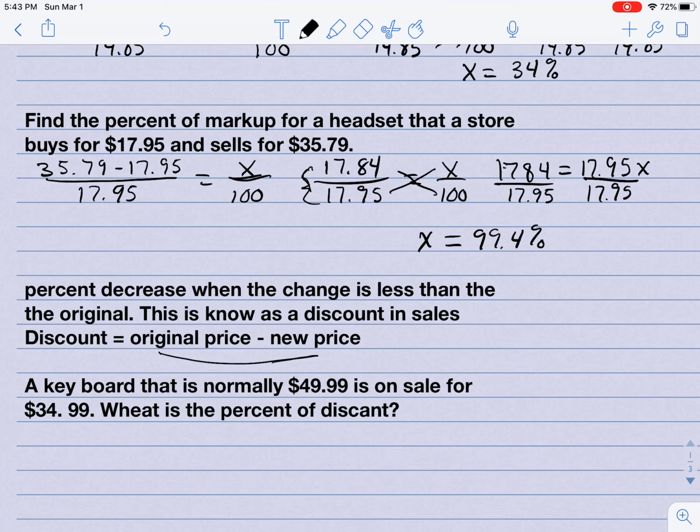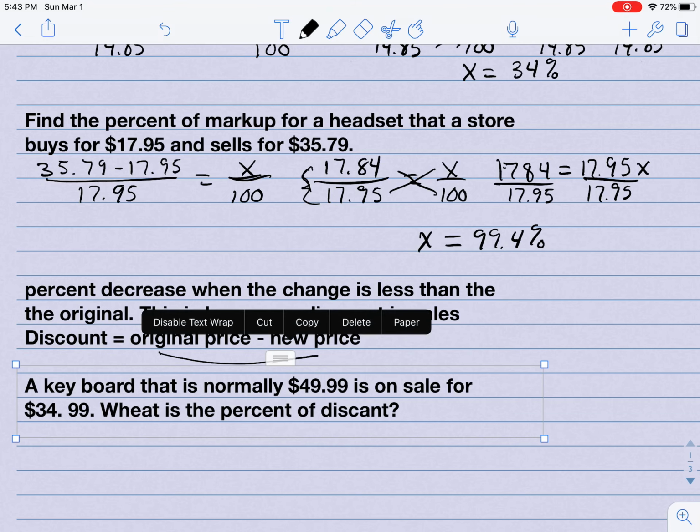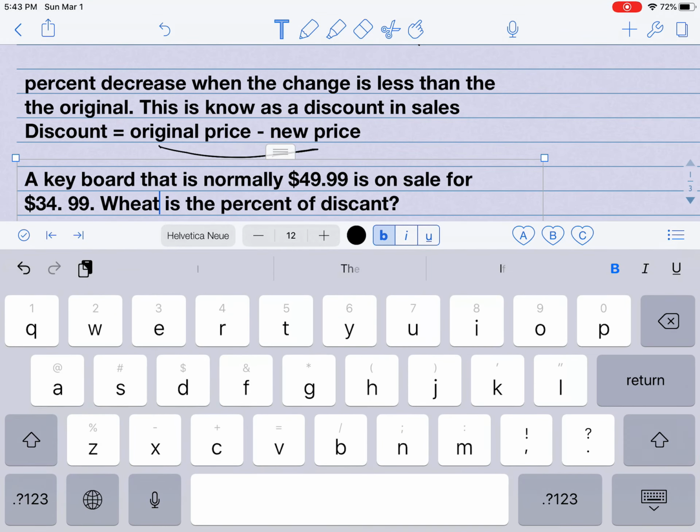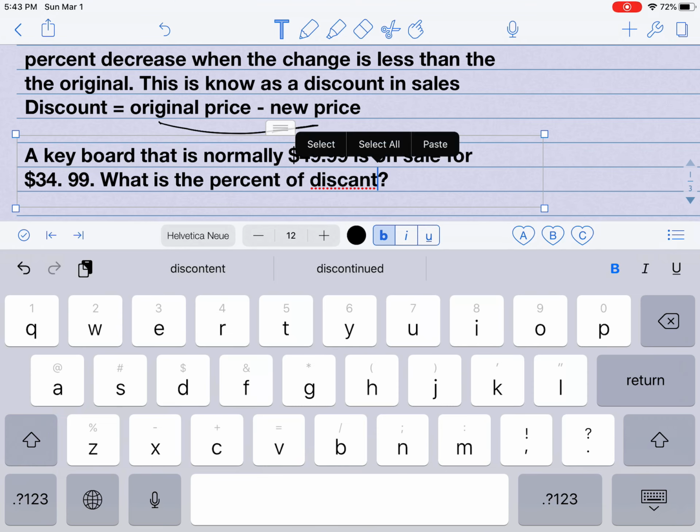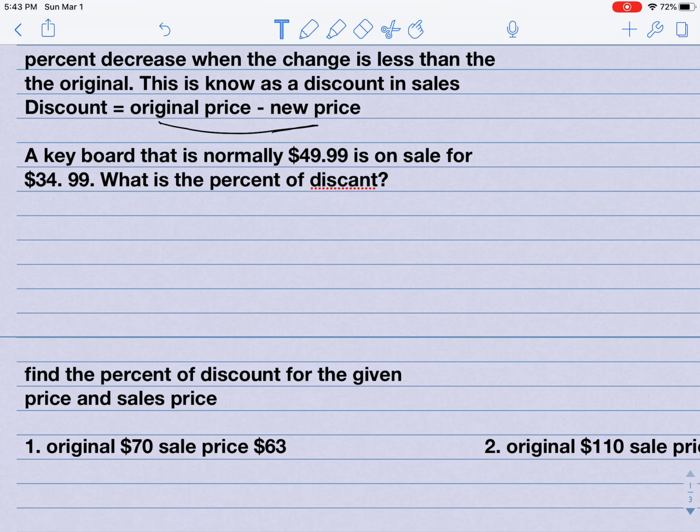So a keyboard is $49.99 originally, and it's on sale for $34.99. That's supposed to be discount. I'll worry about that later.